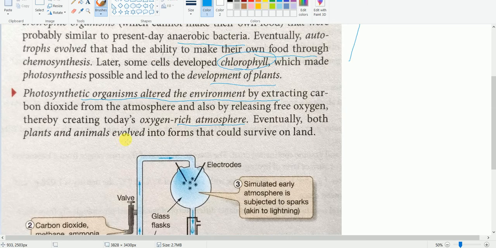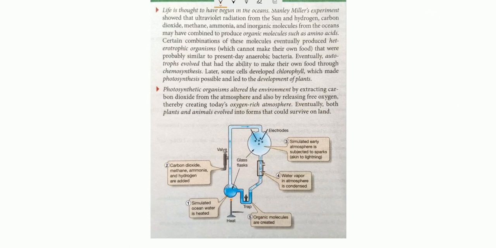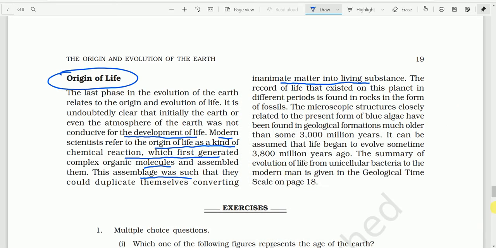So this was how life originated. It can be assumed that life began to evolve sometime 3,800 million years ago. So this was about the origin of life.